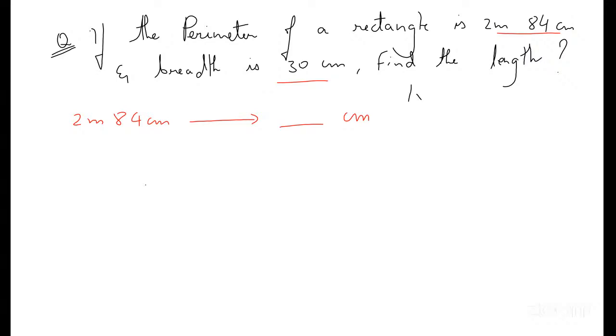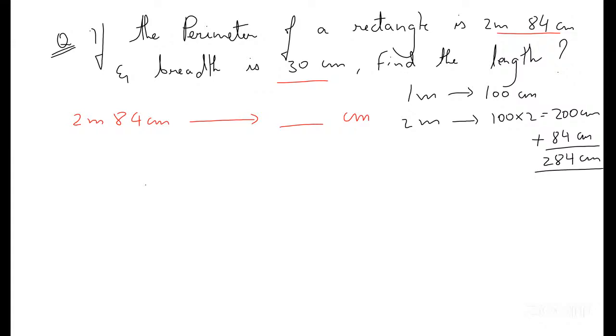One meter has how many centimeter? 100 cm. 2 meter will be 100 into 2, 200 cm. 200 cm plus 84 cm, that is already in the question. So we will have 284 cm. All right, like this we will convert it. Yes, Andrew.